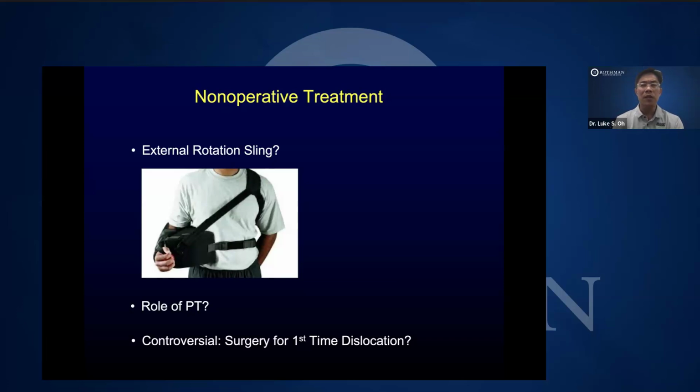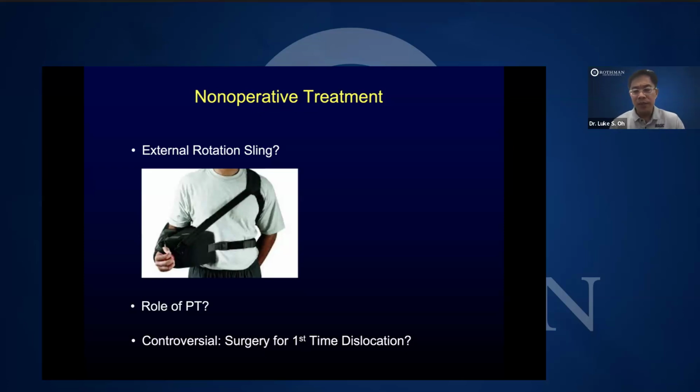If the study had been performed using patients, say, from 15 to 30, I think that would have been more powerful. Since it included patients in age groups where they're not expected to redislocate again, it's unclear if the external rotation sling was actually the reason why they didn't redislocate, or if, based on natural history, they were at low risk to redislocate again anyway.